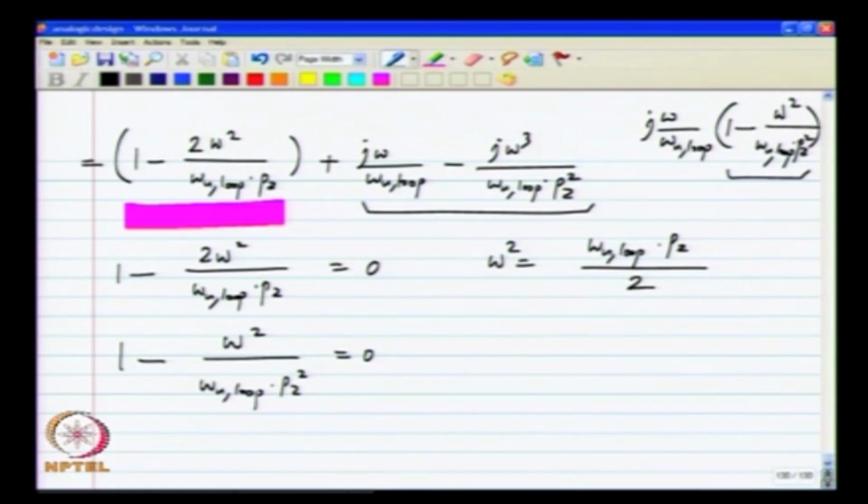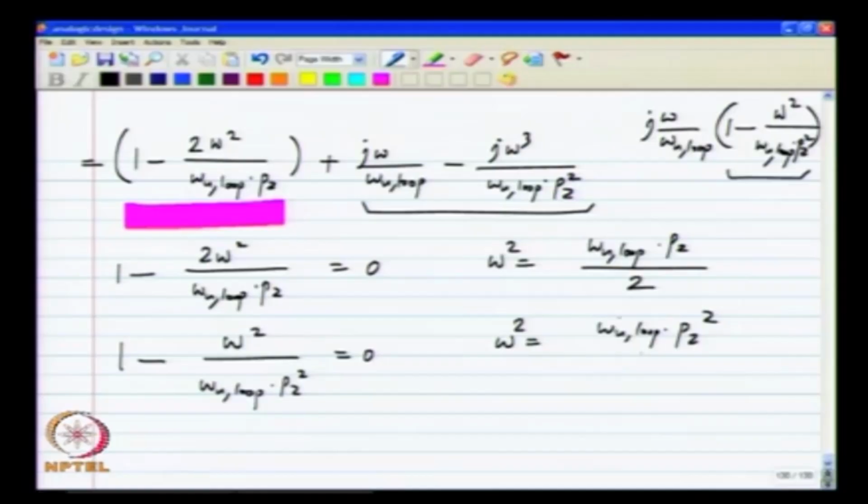So, this part has to be 0, so omega square is omega u loop times p 2 square. So, we have two variables here, the actual frequency at which the denominator of the closed loop gain becomes 0, so the gain becomes infinity, and also the value of p 2 for which it happens.